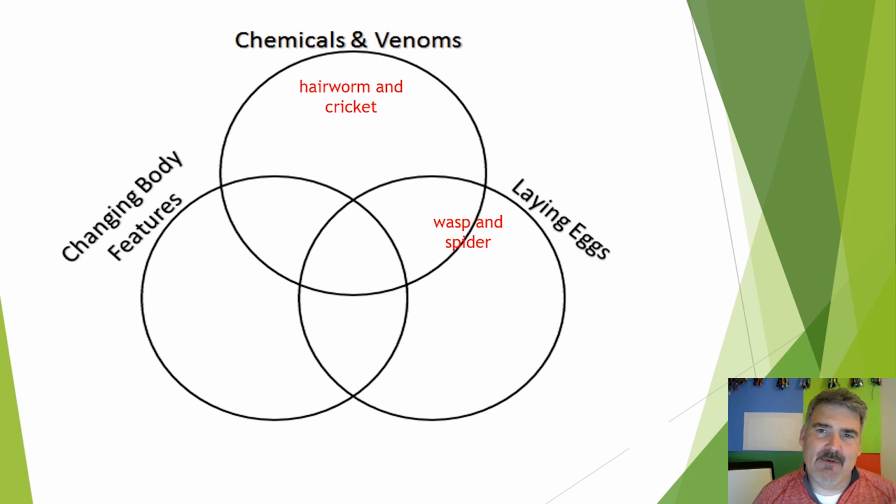Because remember that it was the parasitic wasp who stings and paralyzes the spider with a drug to make it spin a web for the larvae to use as a cocoon. The drug counts as a chemical or venom, I think, and of course, we know that there's also an egg involved. So this parasite fits into both circles. Is this where you put it on your diagram? If not, take a moment and add it to your diagram. All right, great.